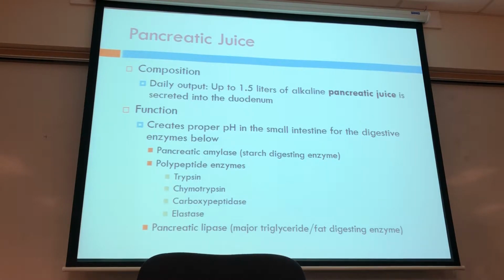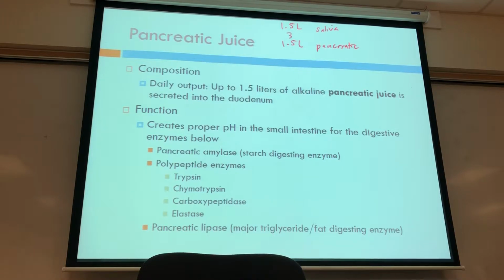Looking at the makeup of the pancreatic juice, as I mentioned, enzymes plus sodium bicarbonate. How much of it do we produce a day? About 1.5 liters of alkaline pancreatic juice secreted right into the duodenum by way of the hepatopancreatic ampulla. So just to sum up the total volume of our juices, we had 1.5 liters a day for saliva.